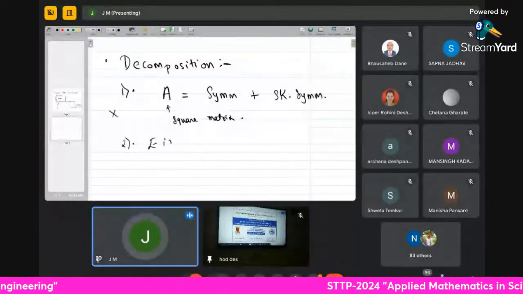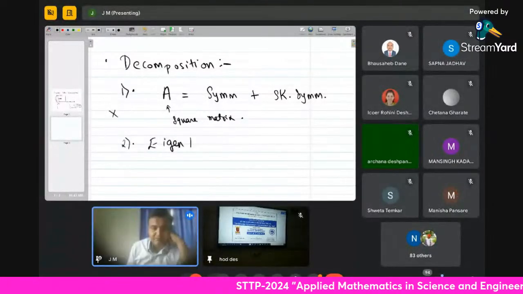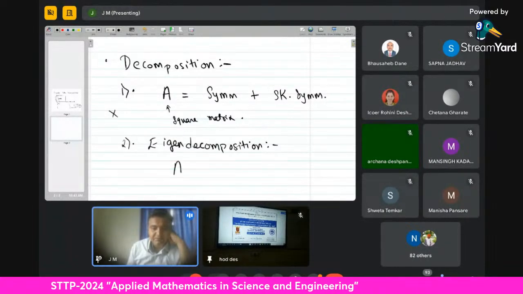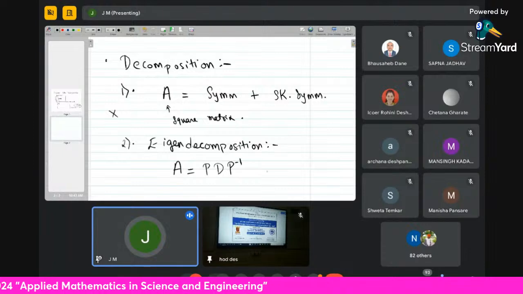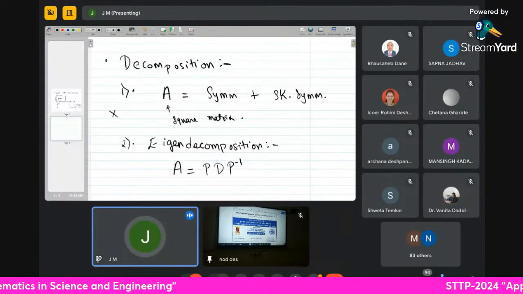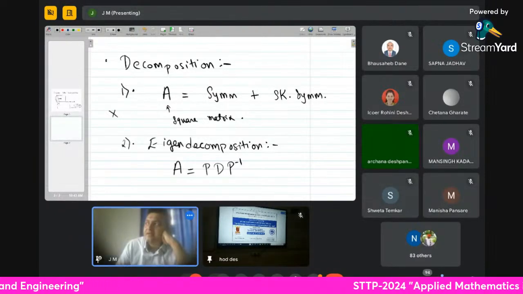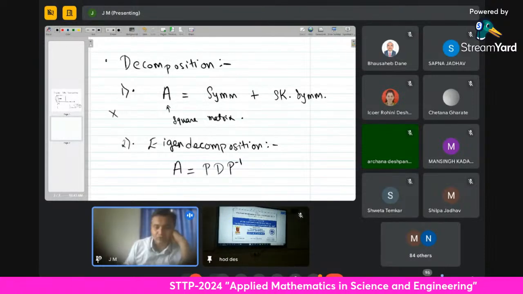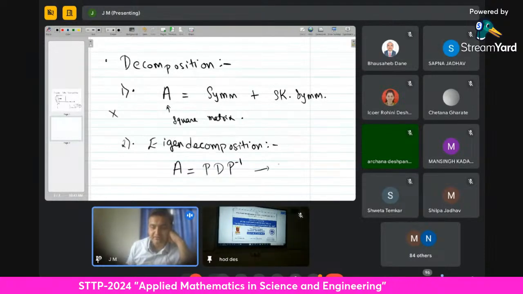Can anyone volunteer and say what the limitations of this are? Can we do this for all matrices? No, not for all matrices.